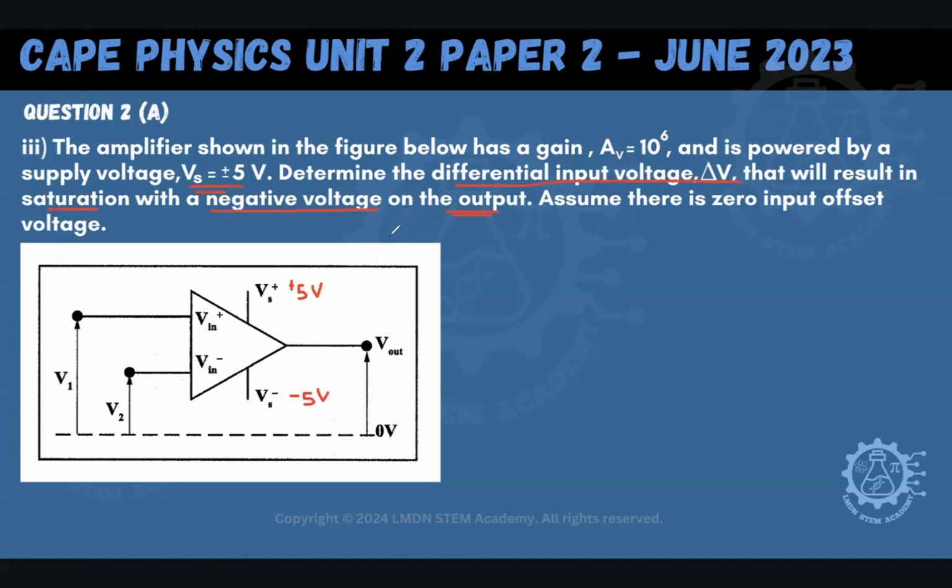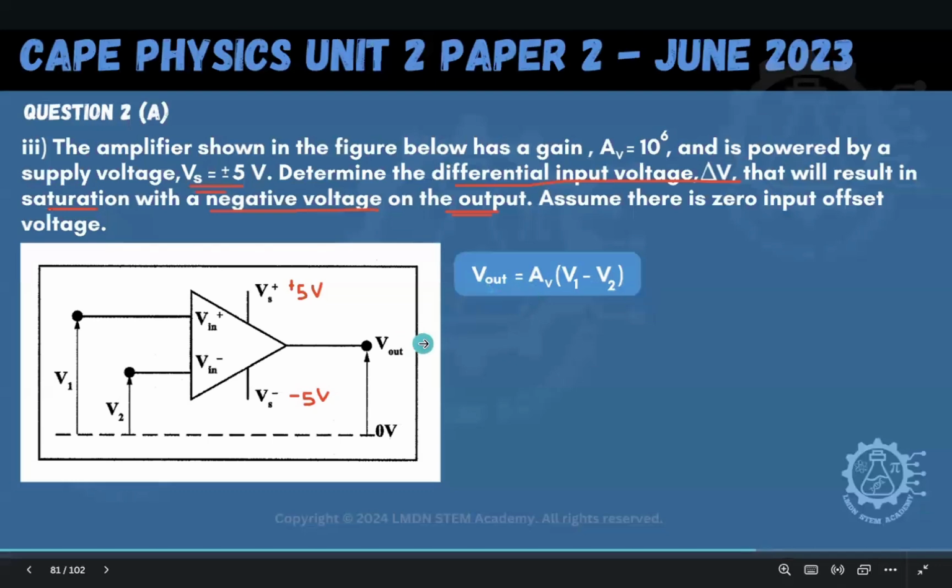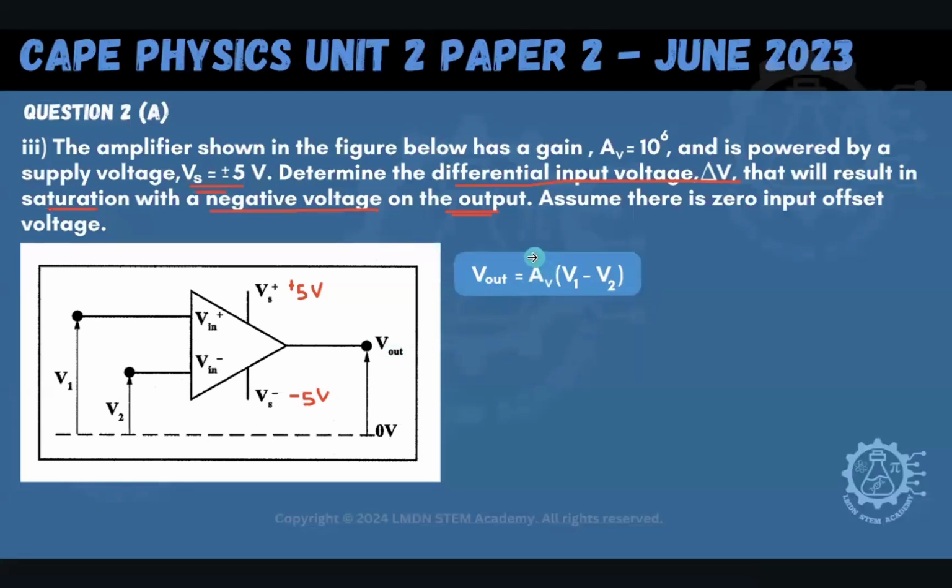So let's bring up the master equation that we're going to use: V out is equal to your gain times the differential, or the difference, in the input voltage. So this right here is what we're finding. That is our delta V, the differential input voltage.